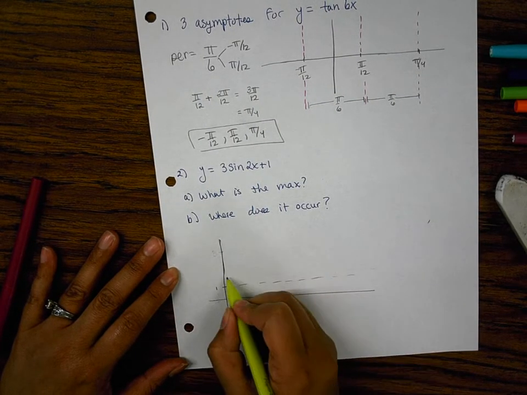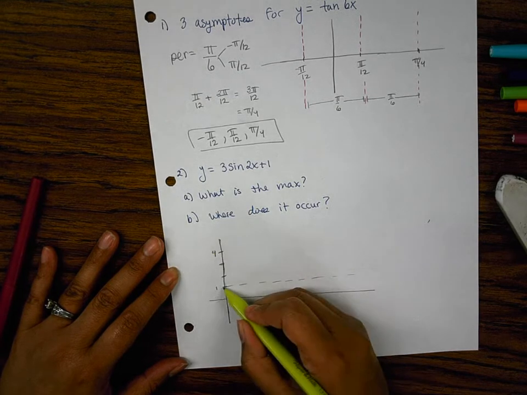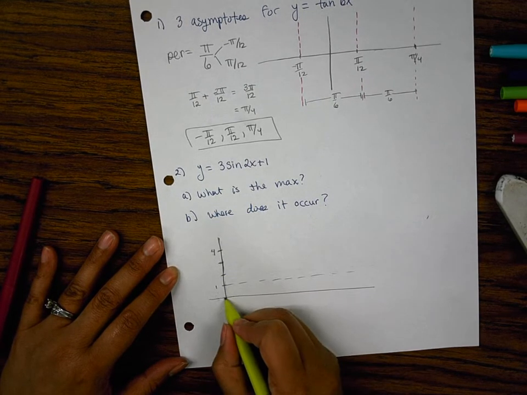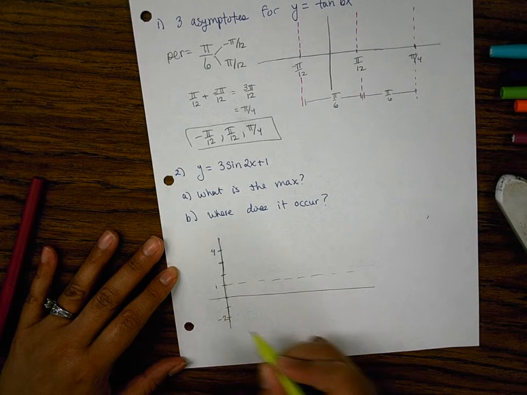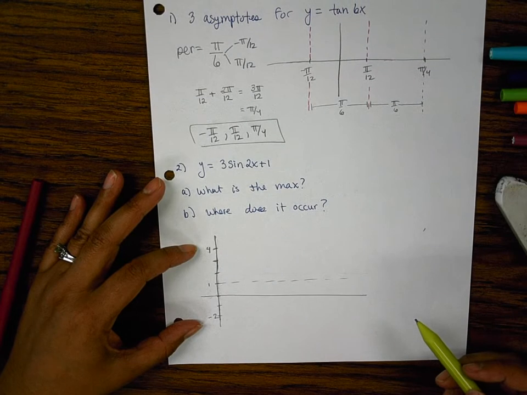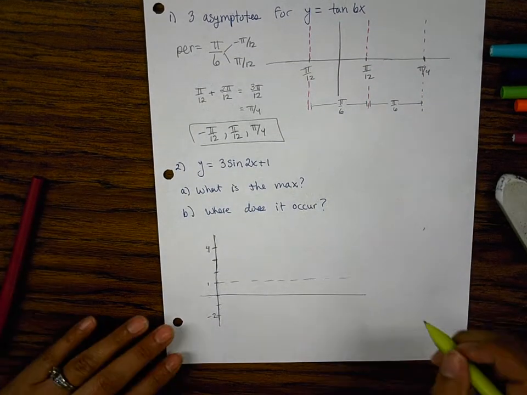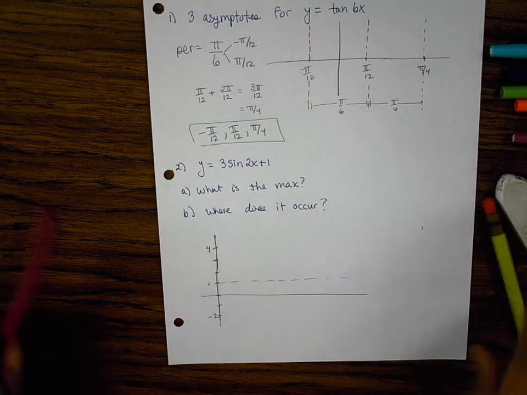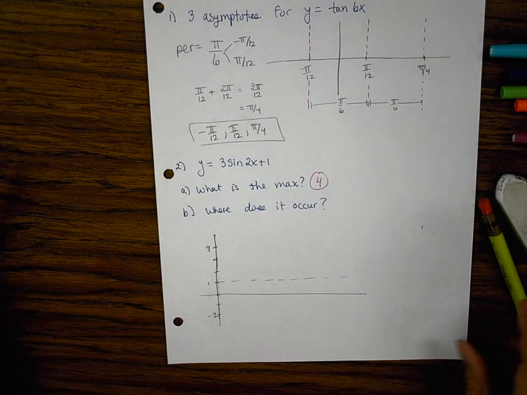There's a vertical shift of 1 for the fake axis, and then from there the amp is 3. 1, 2, 3, which would put me at 4, and then down 3: 1, 2, 3, which would put me at negative 2. So I'm going to oscillate between 4 and negative 2. So right there, without graphing, what is the max going to be? It's never going to get higher than 4.